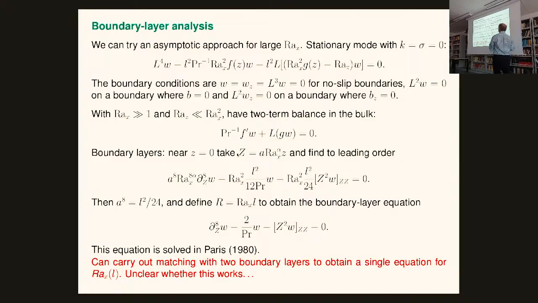Near the boundary, there's a boundary layer. You can work out the scaling. There's a Rayleigh scaling in front of Z. Find the scaling is 1/4, which I forgot to write down. You can see you're balancing Rayleigh to the 8 alpha with squared. So alpha is 1/4. And you get these boundary layer equations, which are an 8th order boundary equation.